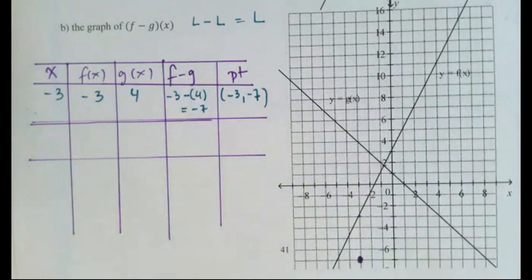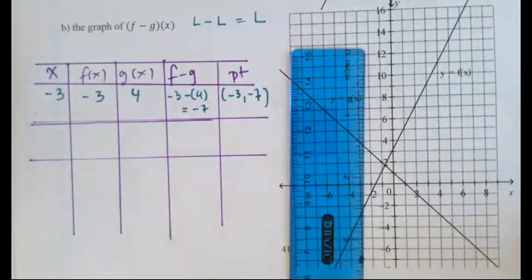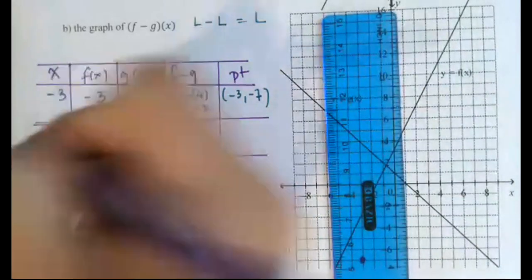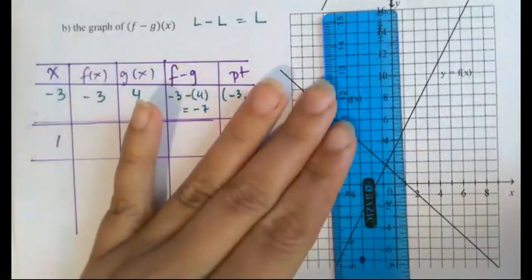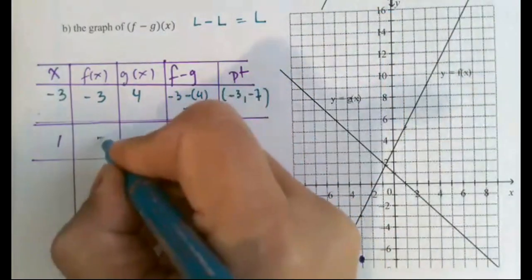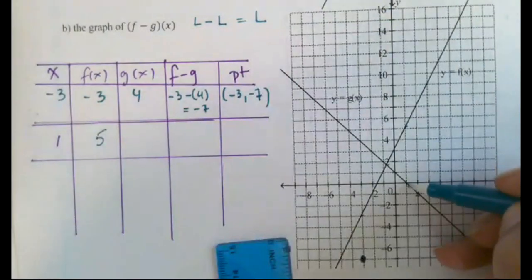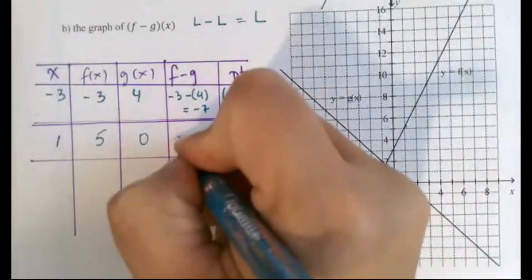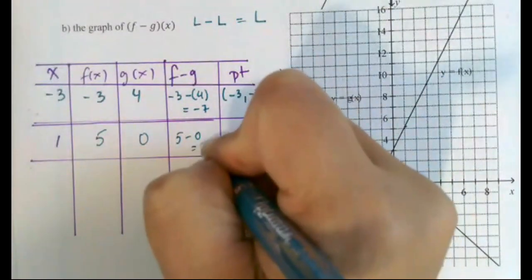Now you're going to choose the other values. So not -4, not 4, not 0, not -3. Other x's that we can work with and do the subtraction. 1. That's perfect. And we have f at 1 is 5, and then g at 1 is 0. 5 minus 0 is 5.